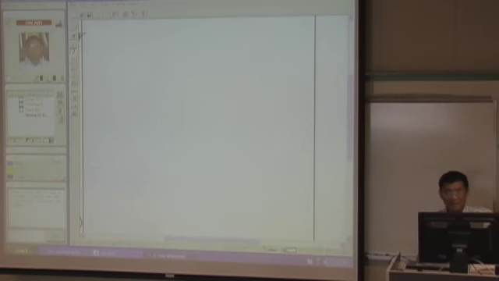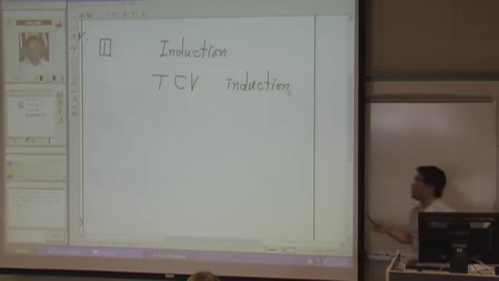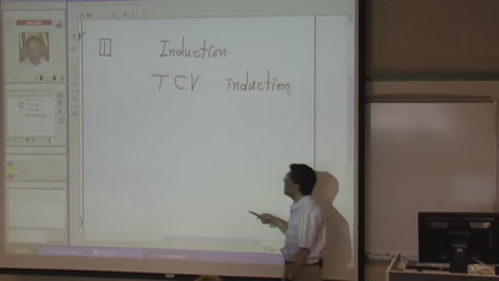So let's summarize. In chapter 1, we learned about induction, right? Mathematical induction. And I mentioned the discourse version of induction. But if you are interested, you can read the book to find the two cases given there.